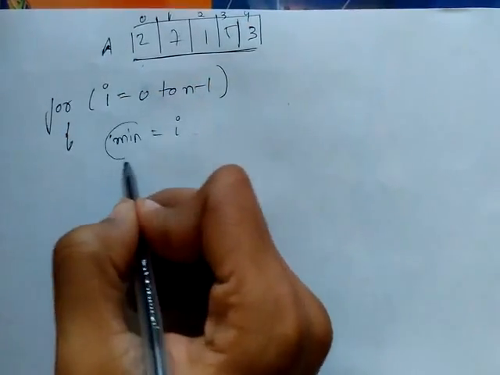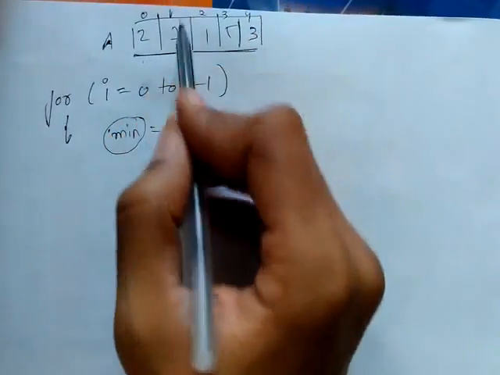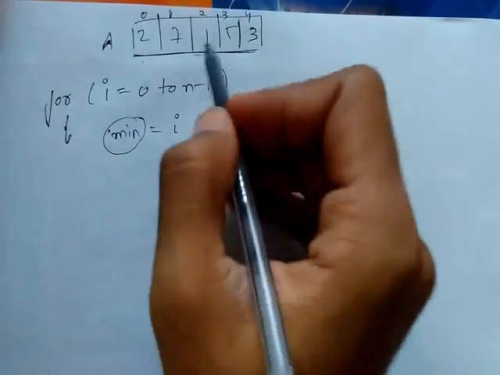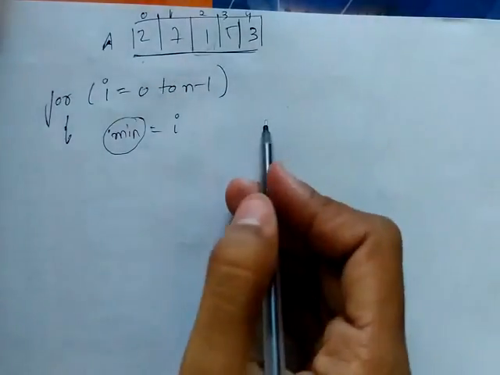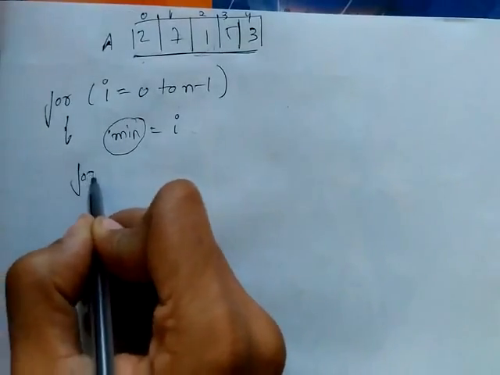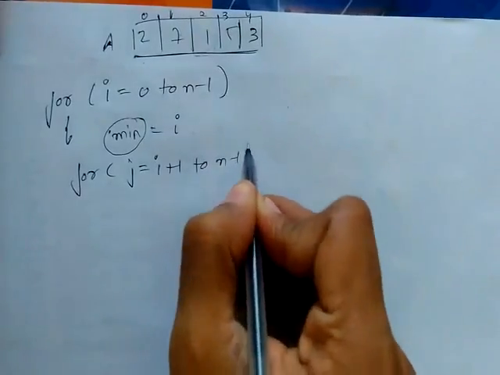And why do I want minimum? So that I can get the index of the minimum element of any subarray we are considering. Then after that we have j equal to i plus 1 to n minus 1.